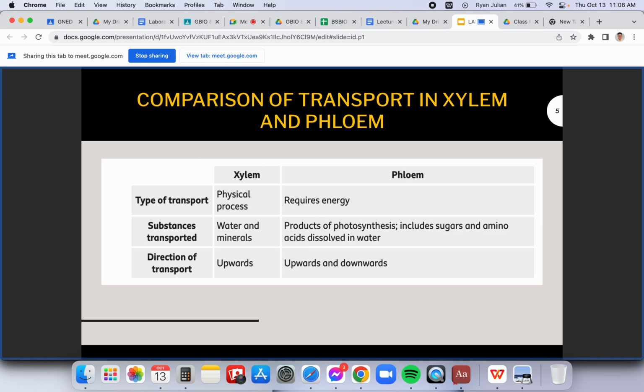They are water loving. For the direction of transport, like what I've said a while ago, xylem undergoes upwards movement or transport, and as for the phloem, they can be both upwards and downwards.